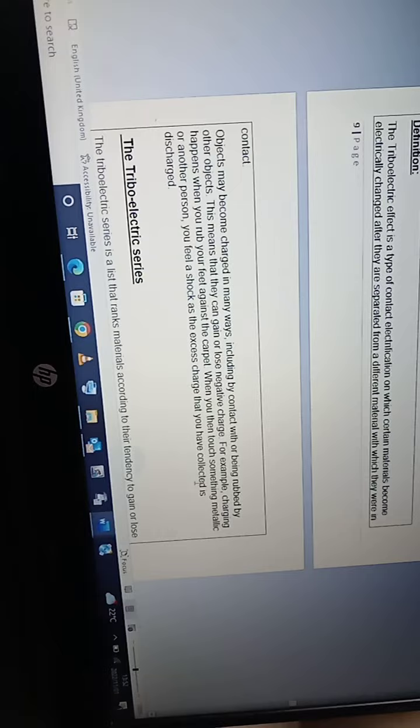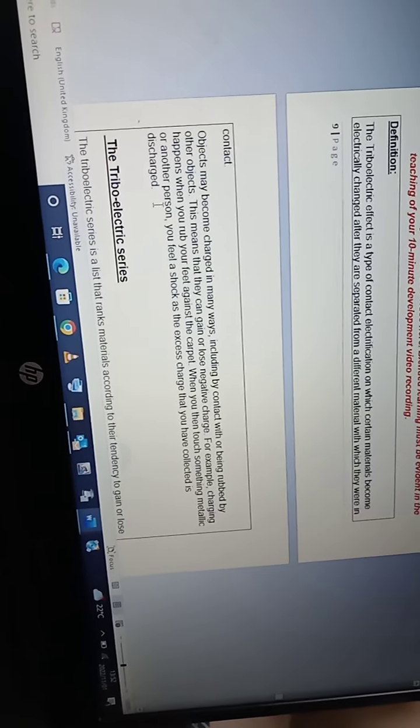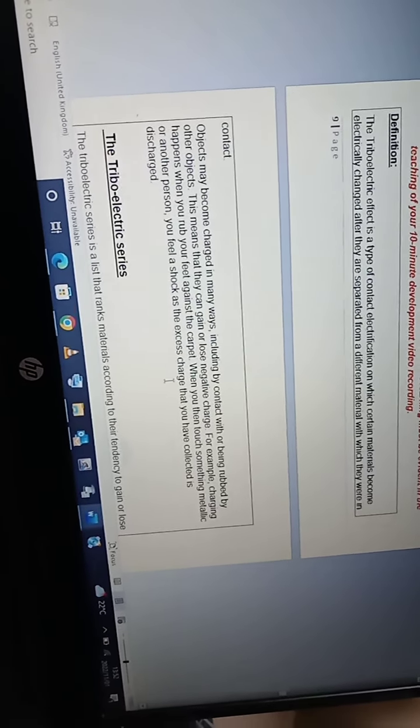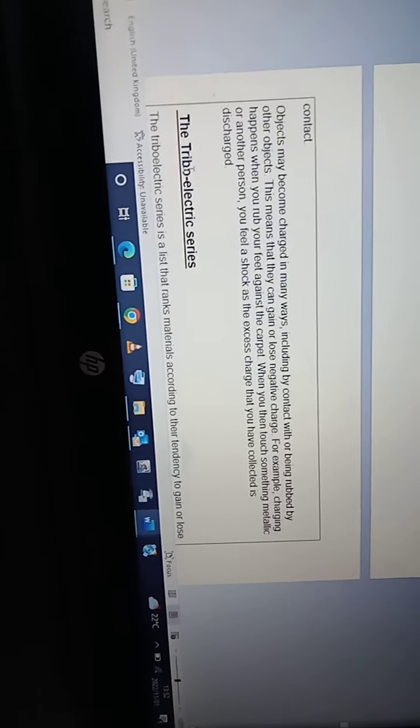When you then touch something metallic or another person, you feel a shock as the excess charge you have collected is discharged. So if a material was charged, positively or negatively, it's either going to gain electrons or lose electrons.